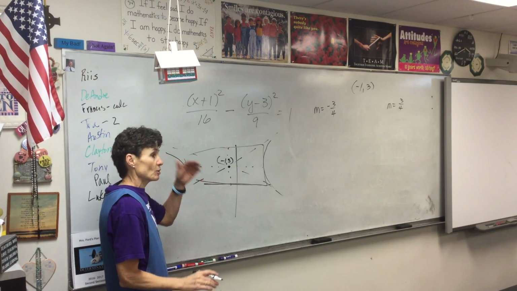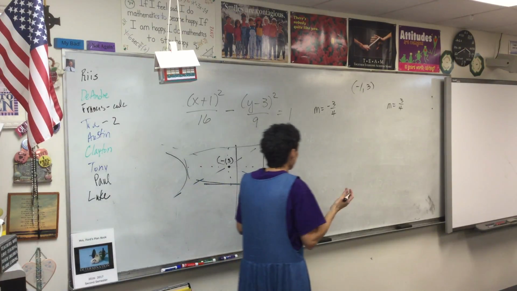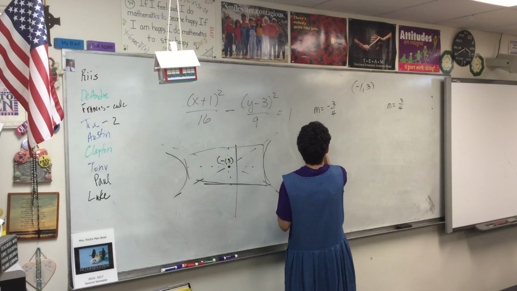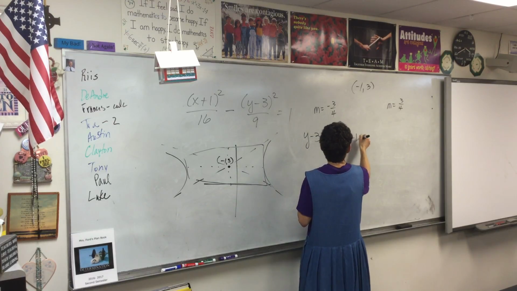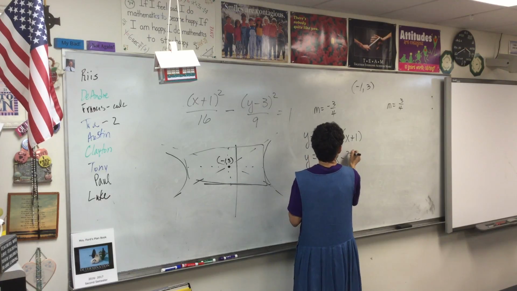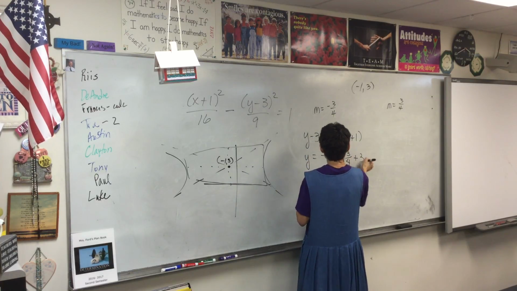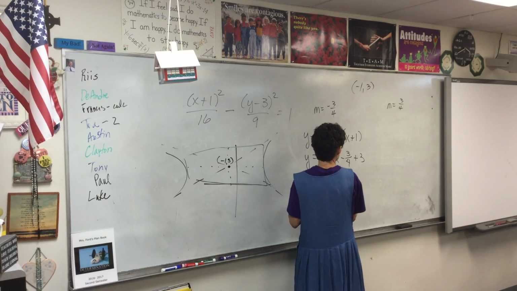Now, you need to write the equations, and you can do that however you want. I happen to like point slope, so I will always do it that way. But you can use slope intercept if you prefer. It doesn't make any difference. We're going to end up with the same answer. So one of my lines is y = negative 3/4 x plus 9/4.